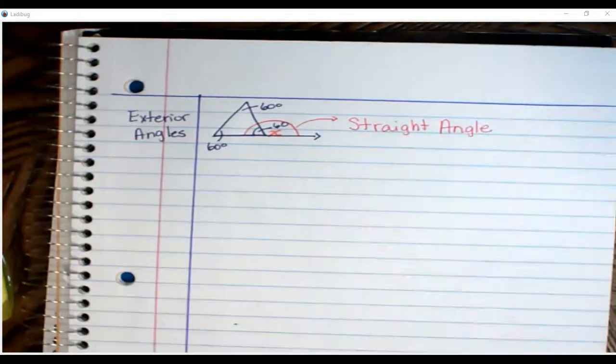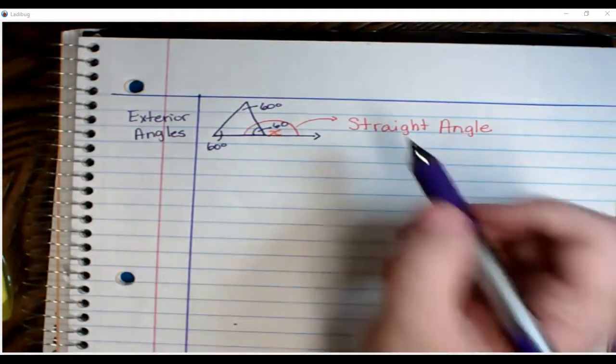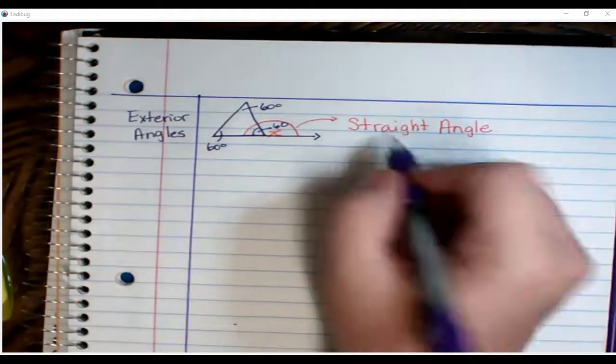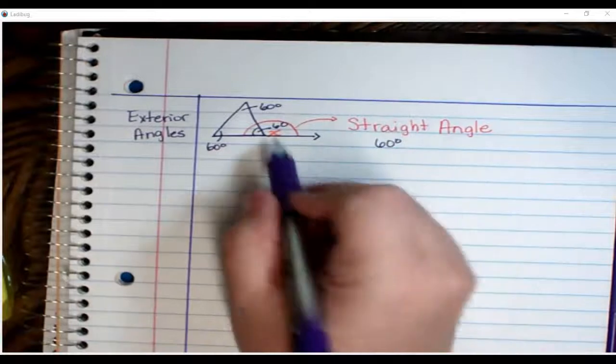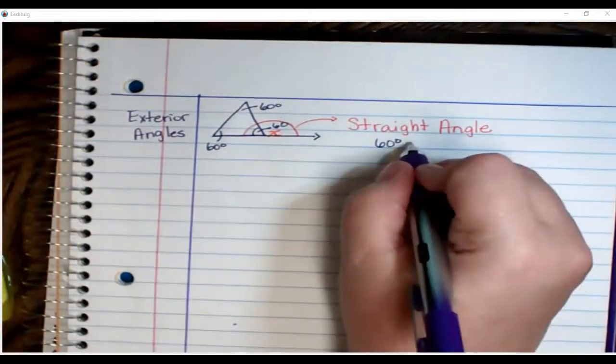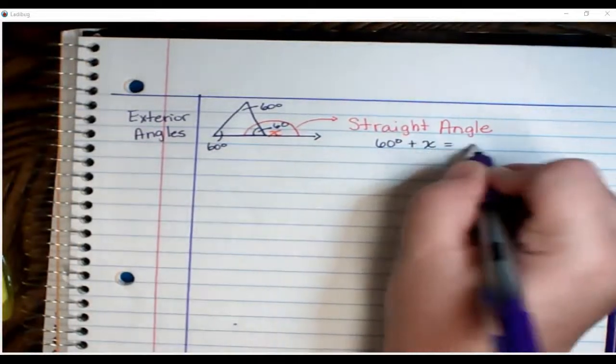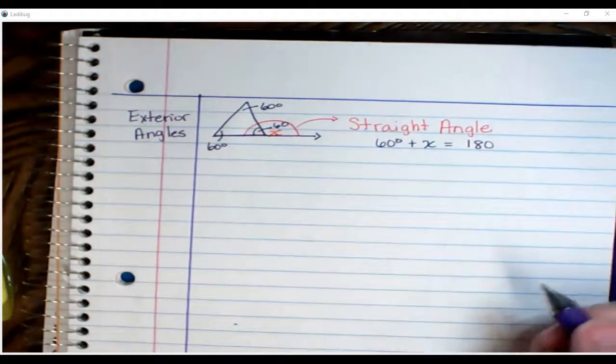So I could take this 60 degrees plus the measure of angle X, and they must equal 180 degrees.